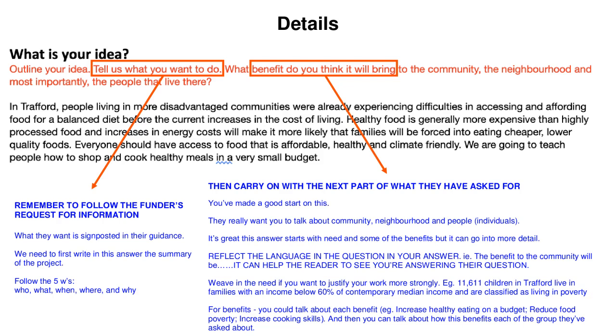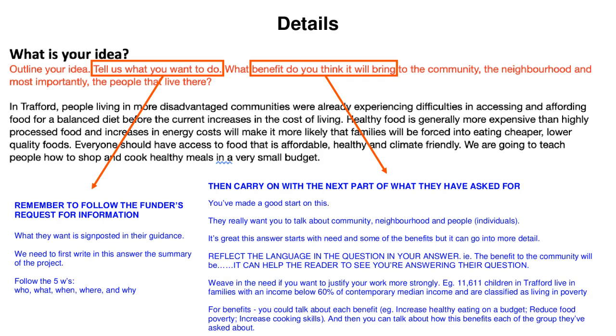Again, it's a bit like an exam. The benefit to the community will be the benefit to the neighbourhood, the benefit to the people. Sometimes write it first to make sure you've answered it, and then you can make it sound more pleasing to read. But make sure you've ticked all their boxes first.